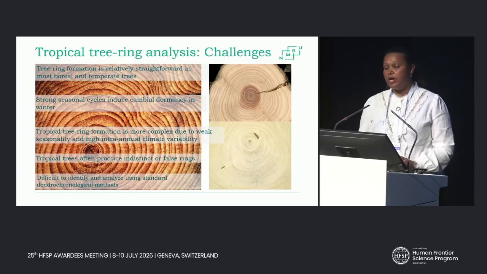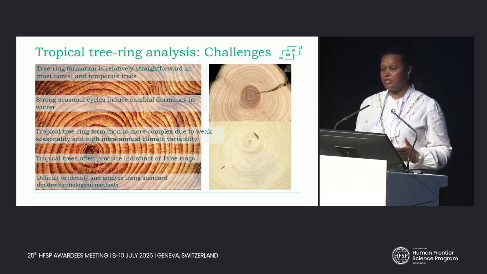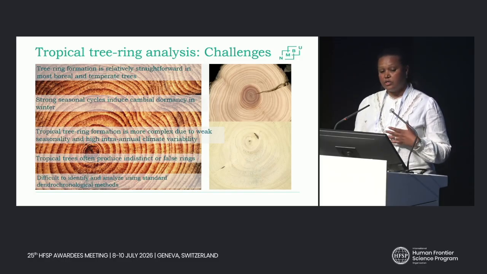So what we are planning to address in this project is that tropical tree ring formation is relatively difficult. Tree ring formation in most boreal and temperate trees is relatively straightforward, because the strong seasonal cycles in temperature and light induce cambial dormancy in winter, which produces a clear ring.